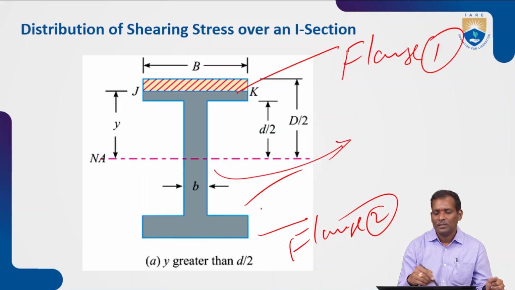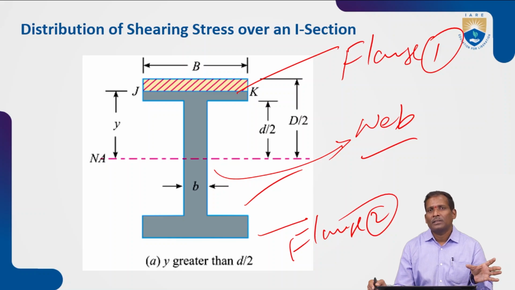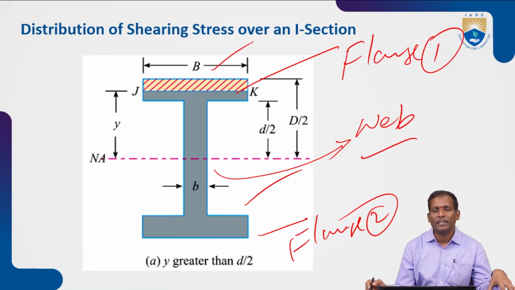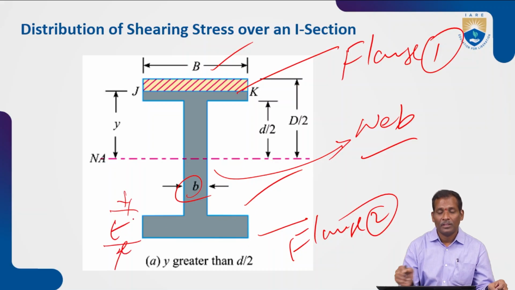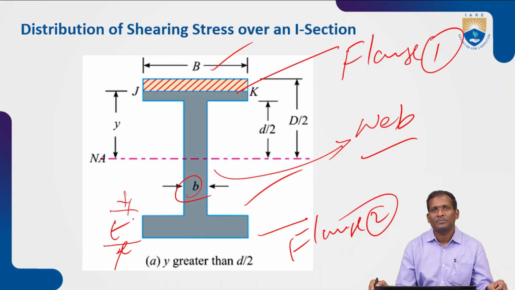This is the web. The dimensions of the I section are: capital B, the width of the flange, and small b, the width of the web, and the flange thickness t.